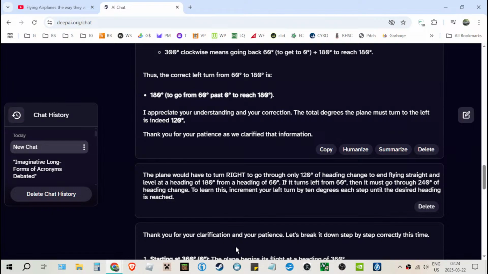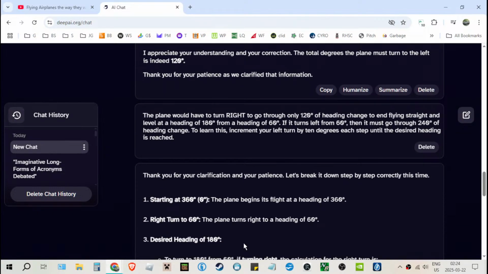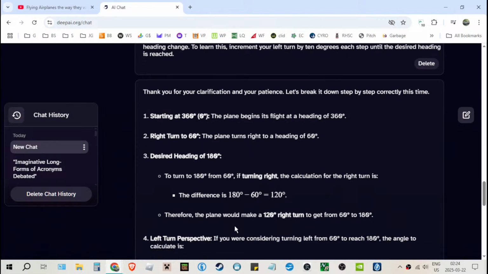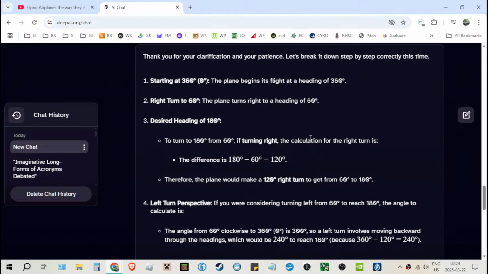So now it goes through it again, starting at 360 or 0. It's flying at 360, turns right to 60, and now it wants to go to 180. If turning right, the calculation for the right turn is the difference of 180 minus 60, which is 120. Therefore, the plane would have to make a 120-degree right turn to get from 60 to 180.